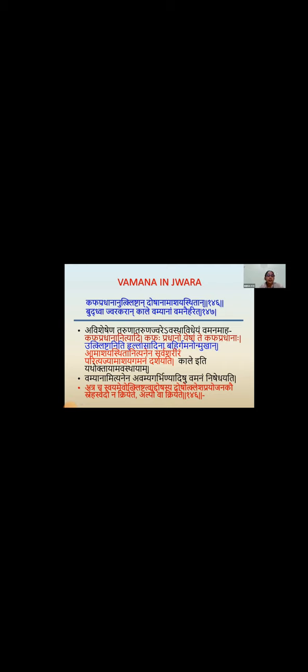So that's why he is telling, Kapha Pradhanan Utklishtan Doshanam Amashayasthitan Buddhva Jwarakaran Kale Vamyanam Vamanair Haret. That means here the Kapha Pradhana Jwara as well as Utklishta doshas are there in the Amashaya, especially Amashayasthitan means in the Urdhva Amashaya. In such a condition, Buddhva Jwarakaran Kale Vamyanam Vamanair Haret.